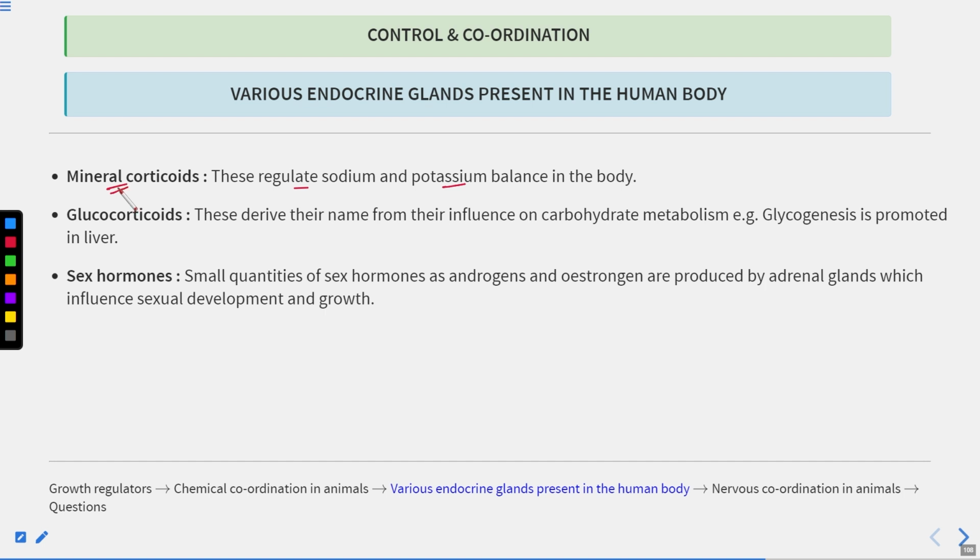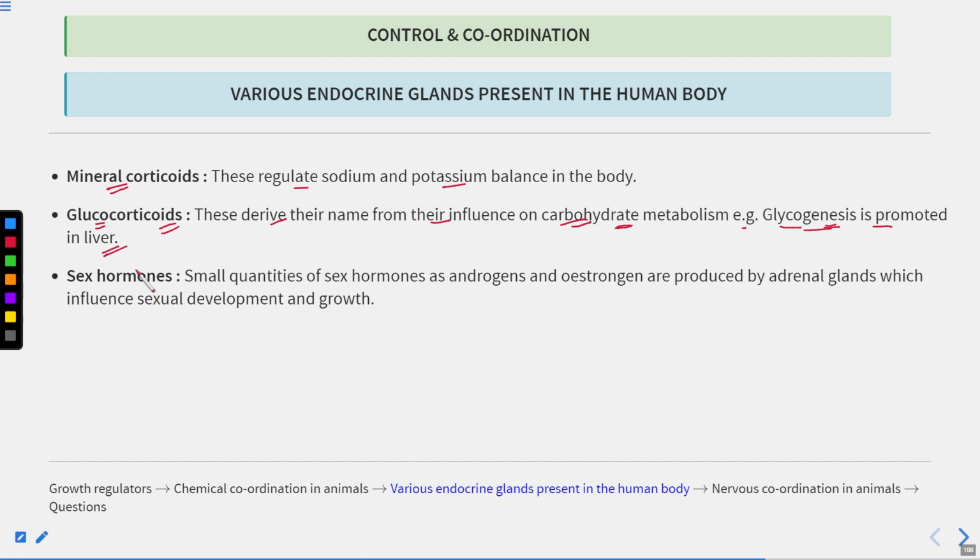Glucocorticoids derive their name from their influence on carbohydrate metabolism, since glucose is a carbohydrate. For example, glycogenesis is promoted in the liver by the glucocorticoid hormones.